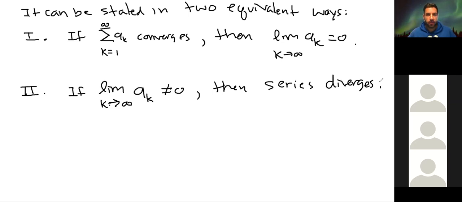You'll notice how these are written. If something is true, then something must follow. If the hypothesis is this, then the conclusion is that. So these two statements are what we say logically equivalent. One way is to write it in terms of convergence, and the other way is to write it in terms of divergence.